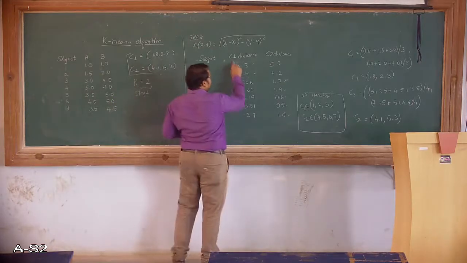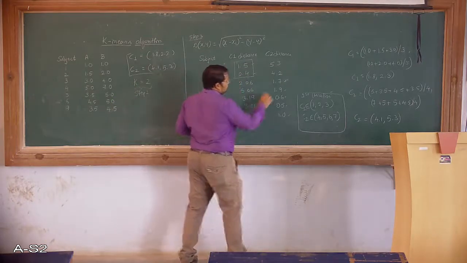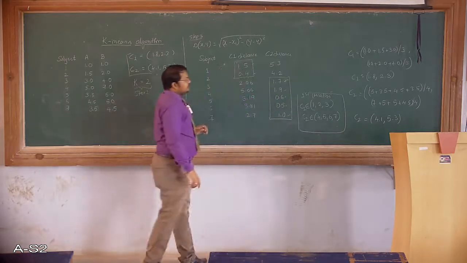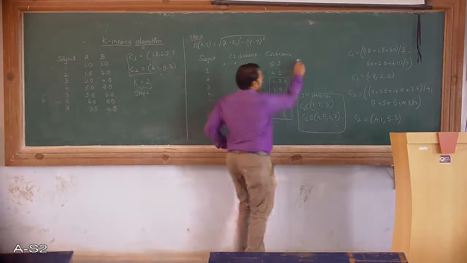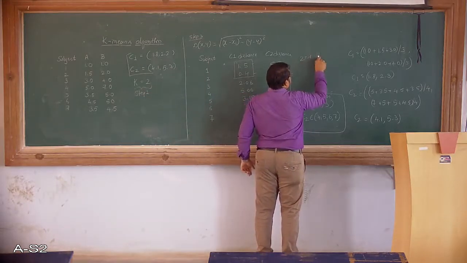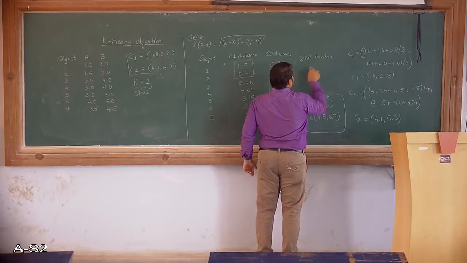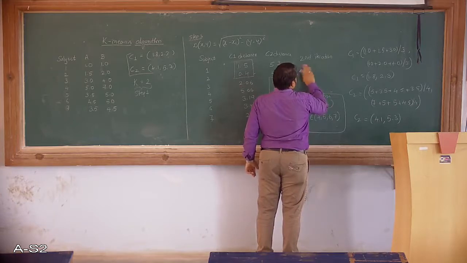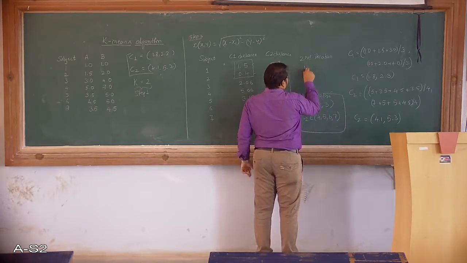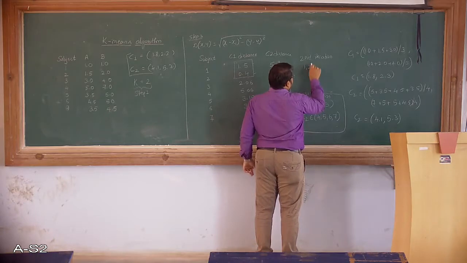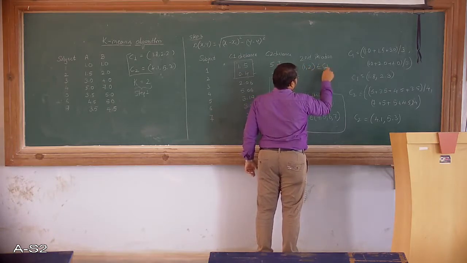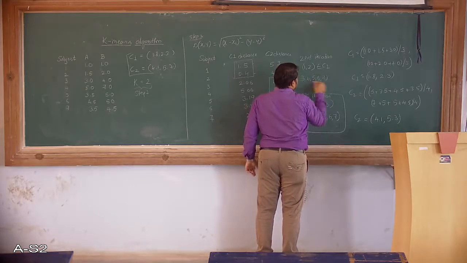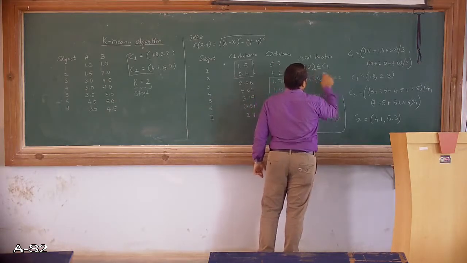So in the second iteration, 1, 2 belong to C1 and 3, 4, 5, 6, 7 belong to C2.